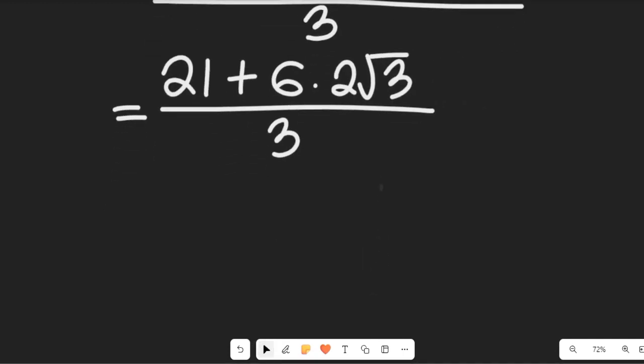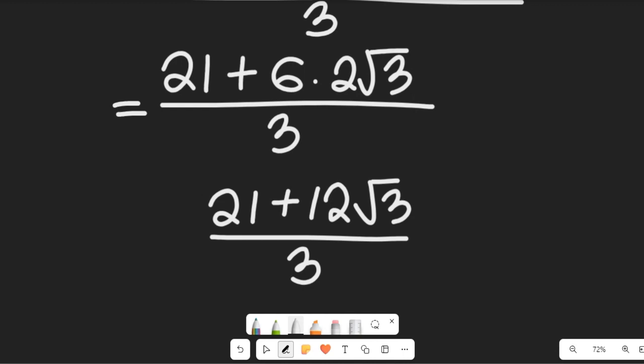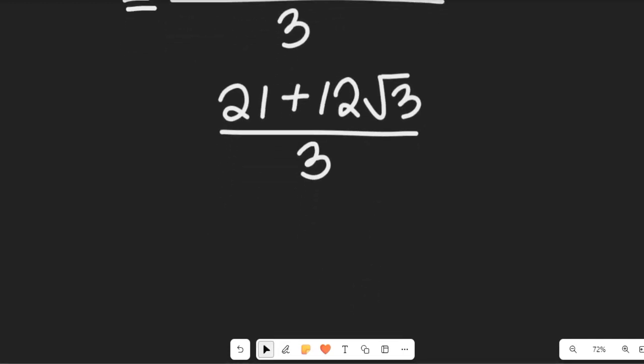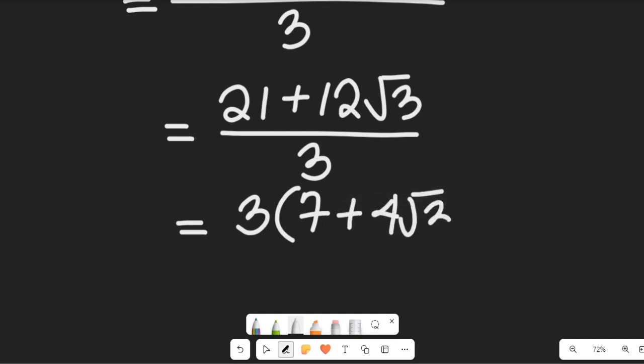So the expression gives 21 plus 12 root 3, all divided by 3. With 21 and 12, I can bring out a common term: if I bring out 3, this becomes 7 plus 4 root 3, and then all this divided by 3.